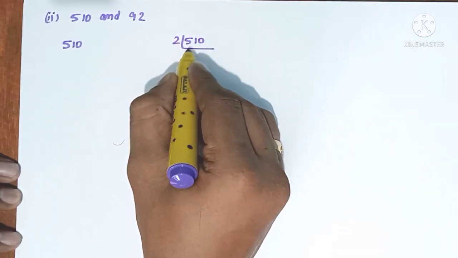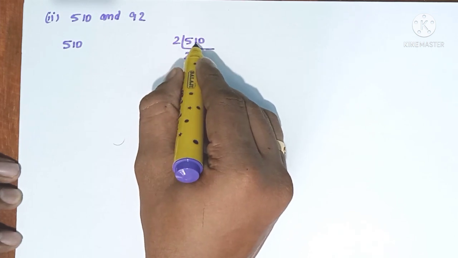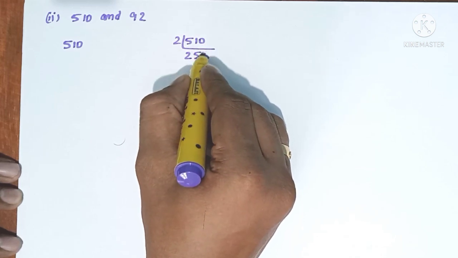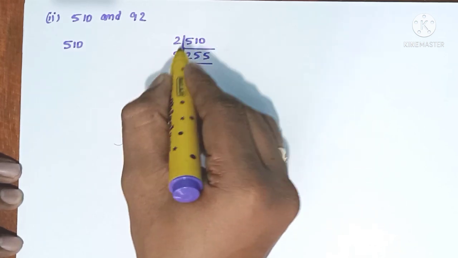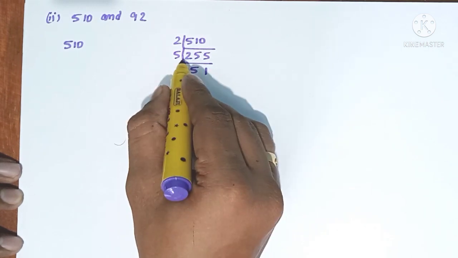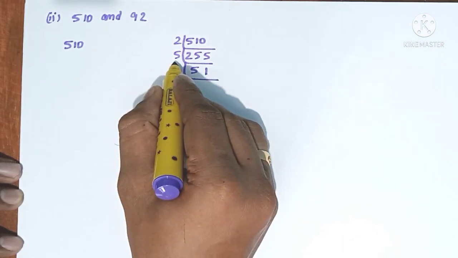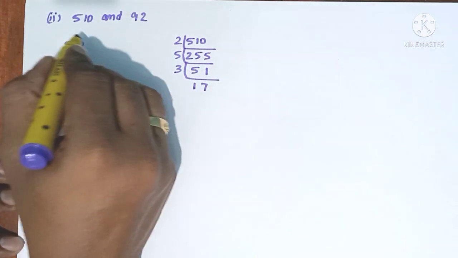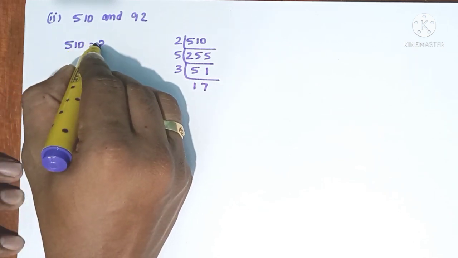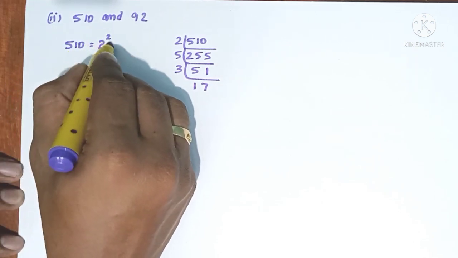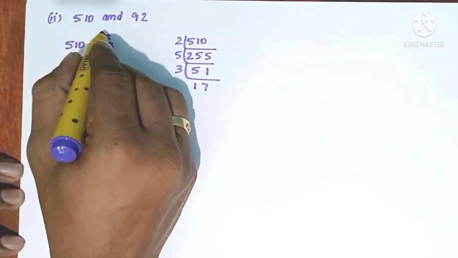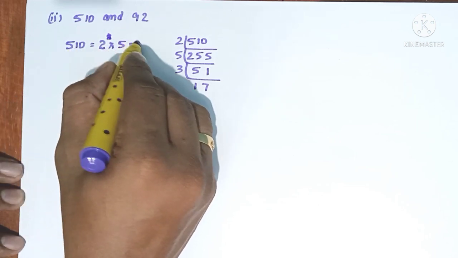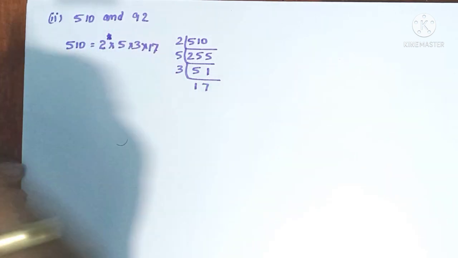Two 2s are 4, remaining 1, 5 2s are 10, remaining 1, in 10, 5, 5 5s are 25, into 1. 5 plus 1 is 6, so we can use 3. 1 into 3 is 3, remain 21, 17. So we can write 510 as 2 into 5 into 3 into 17.